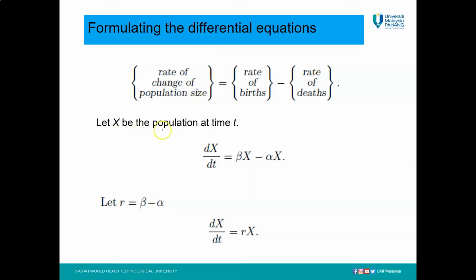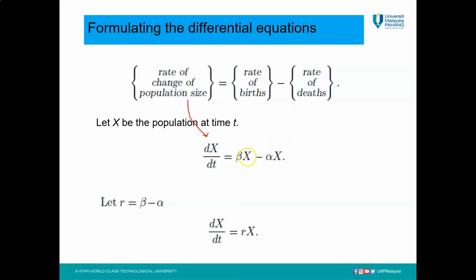After we list down all the assumptions, we can model the formulation using an ordinary differential equation. Let x be the population at time t. The rate of change of population is transformed into differential equation dx/dt. In formulating rate of birth and the rate of death, we use the assumption that the birth and the death are proportional to the population.